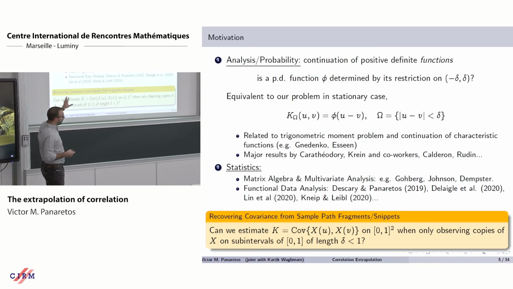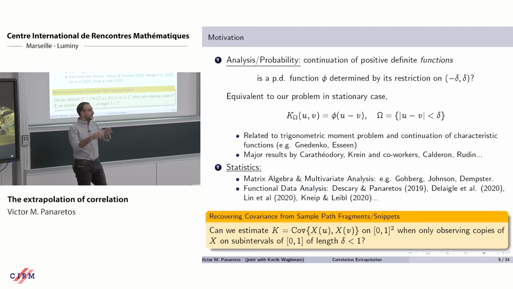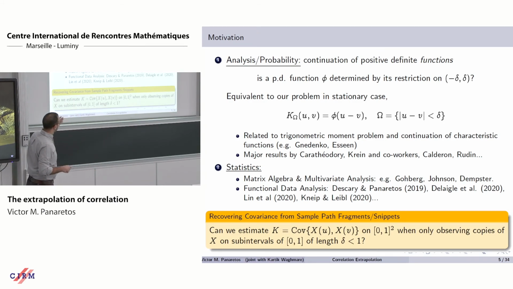They go back to Carathéodory with the trigonometric moment problem, Gnedenko, Akhiezer, Krein and co-workers. It's fair to say, I think, that they comprehensively settled this stationary one-dimensional case, and then there was further work in the stationary and/or isotropic case by Calderón, Rudin, and closer to our neck of the woods, Tilmann Gneiting. What about statistics?